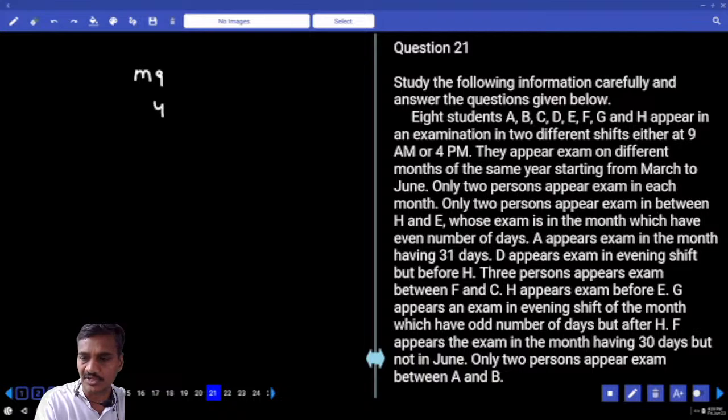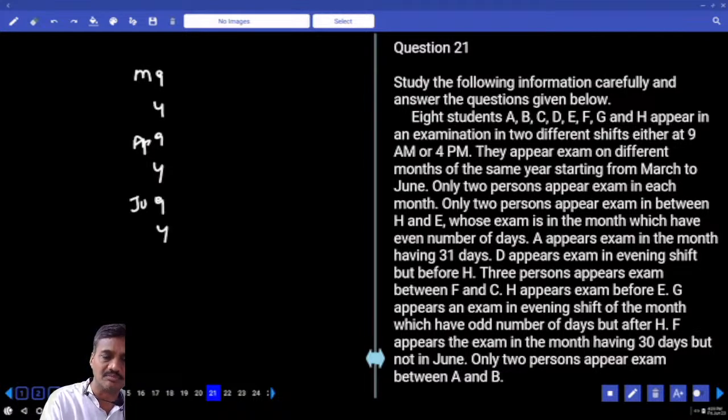And at the same time, what are the different months we have? March to June. And April 9 o'clock and 4 p.m. Next in the month of May, 9 and 4, this is May. March, April, May and June. Now this is May, 9 o'clock and 4, and June, 9 o'clock and 4 p.m.